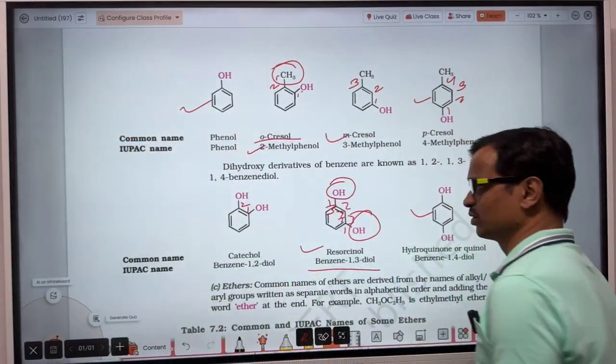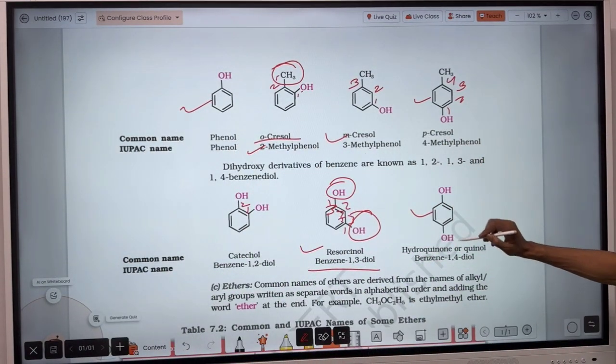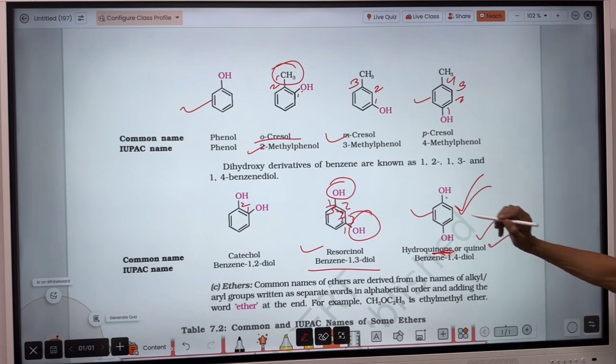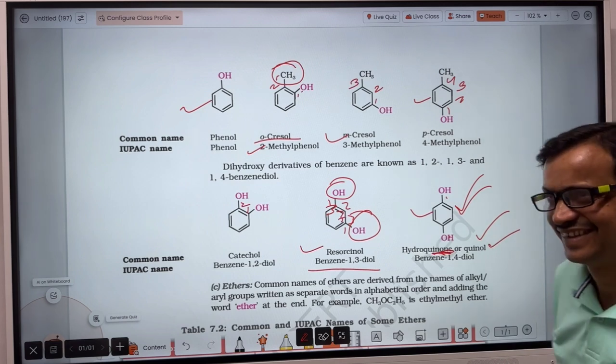Same here, when the 2 OH groups are present at para position with each other, then that is called hydroquinone or quinol. Hydroquinone, and in the quinone there are 2 hydrogens. That's why that is called hydroquinone, or also quinol. And IUPAC name benzene-1,4-diol.